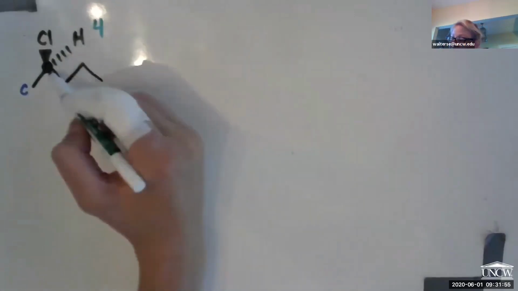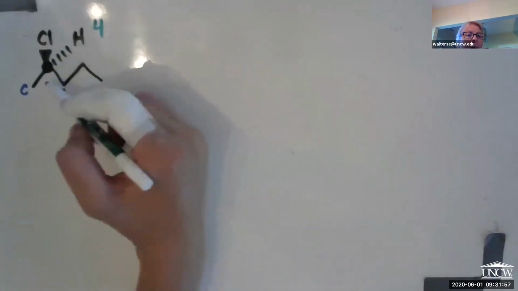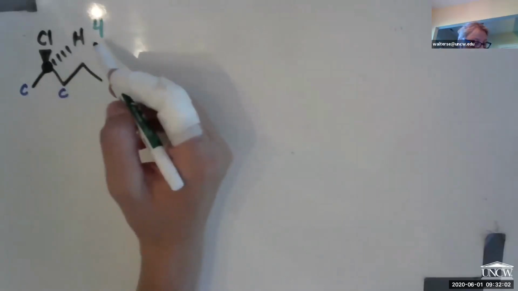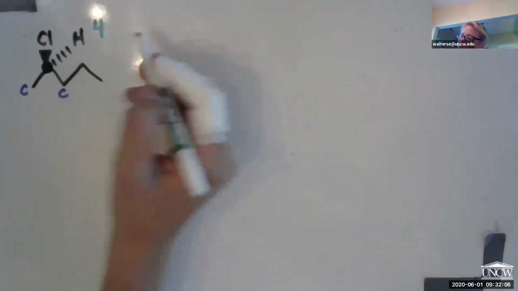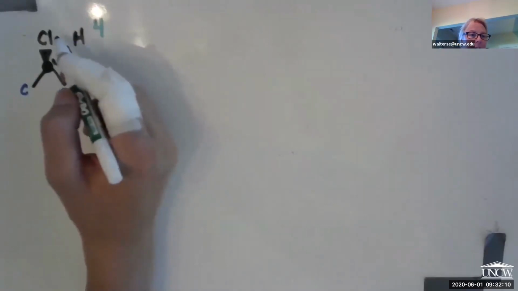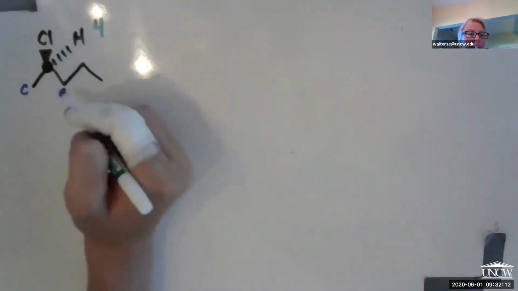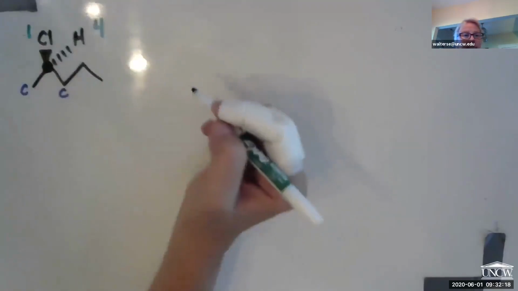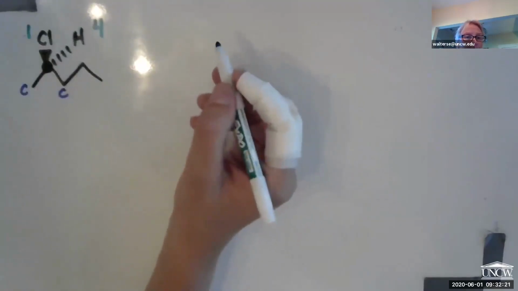In this particular case, it's already on a dash, so it's in the right position from the start. Chlorine has a higher atomic number than carbon. Carbon's atomic number is 6, chlorine is 17, so the chlorine gets priority 1.